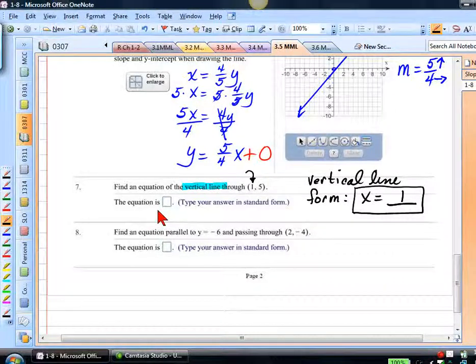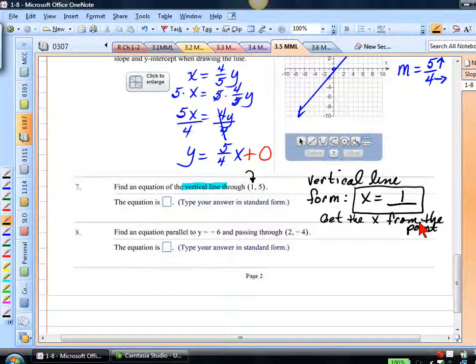We have to know or look on the blue sheet that the form of a vertical line is x equals a number, and then we take the number from the ordered pair. All right, so I'm going to make a little note. Get the x from the point. That's where you get the x that you plug in.